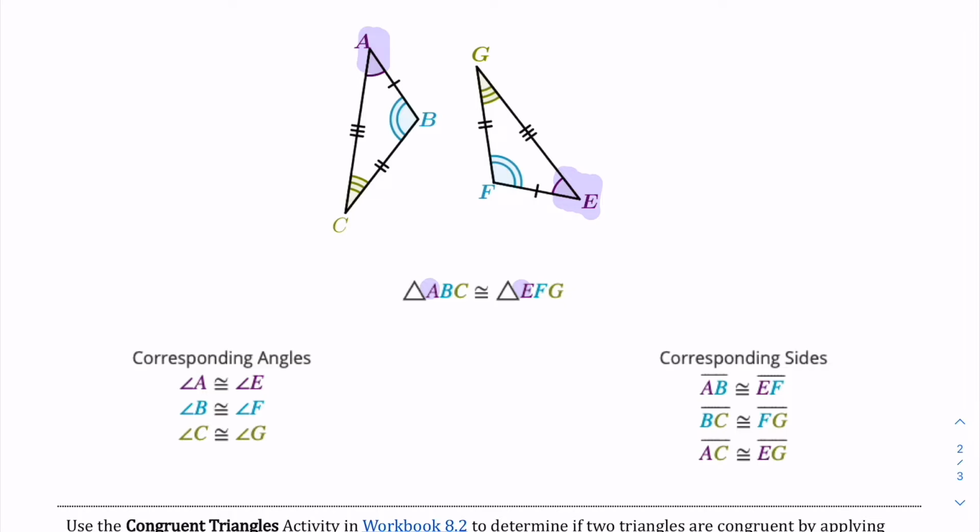And then B and F are corresponding because those have the same angle measurements. Those both come second. And then angle C and angle G are corresponding because those both have the same measurement, and those both come third. So you just have to be super careful with the order to make sure that you're lining up the corresponding angles in the correct order.